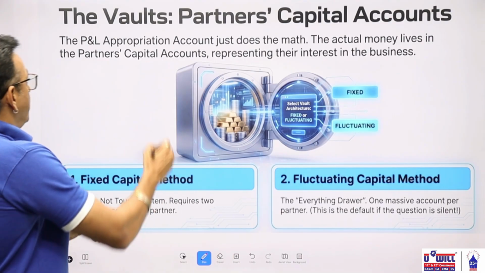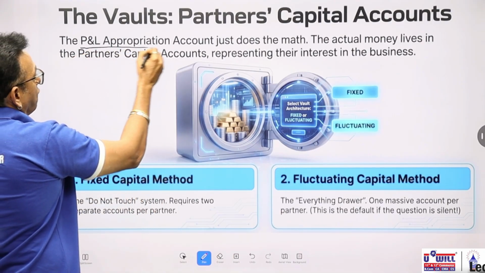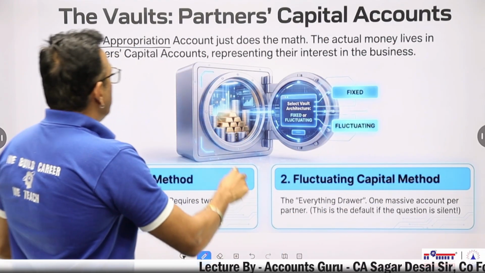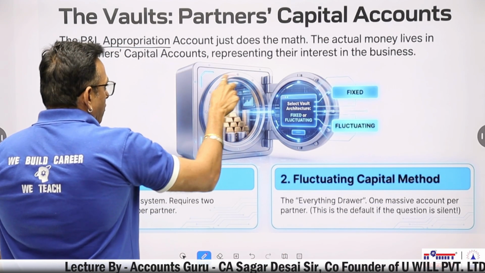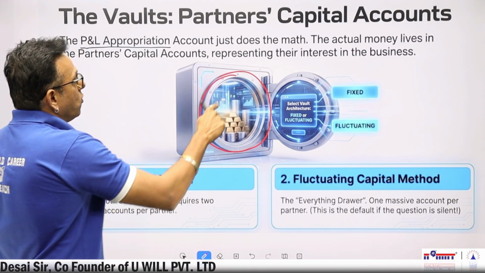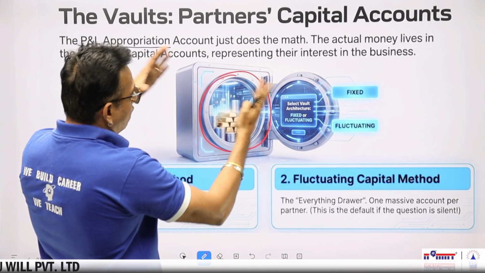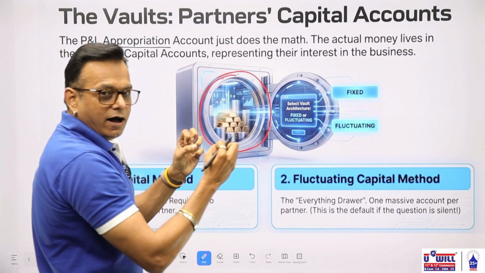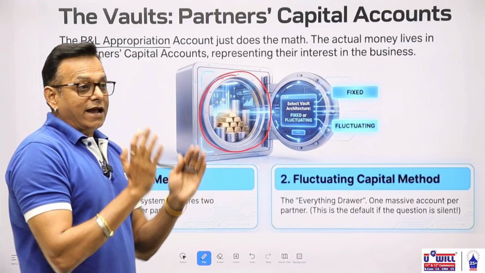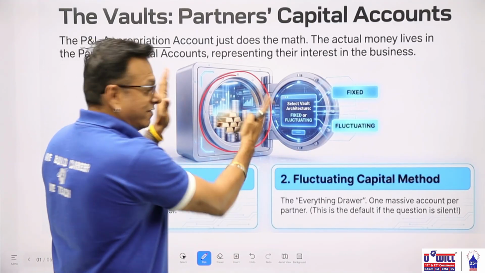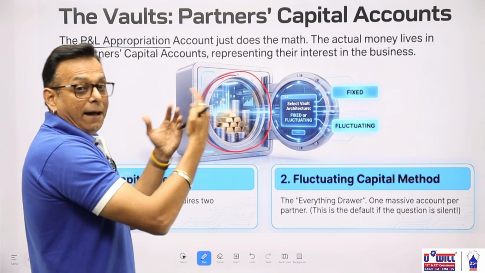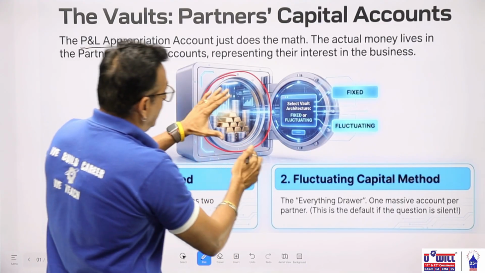As you can see that profit from profit and loss appropriation account goes to partners capital account. So everything which the partners have a right on goes to their capital account, which is like a vault, that whatever they earned, everything is kept here. So partners have maintained a safe or a vault in the company in the form of capital account where all their money will be lying.